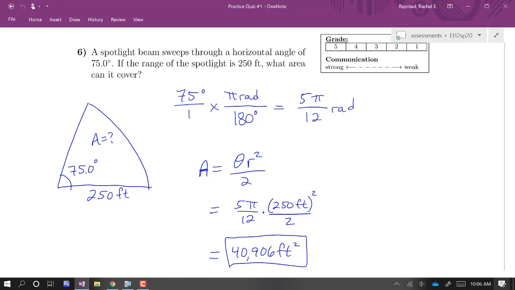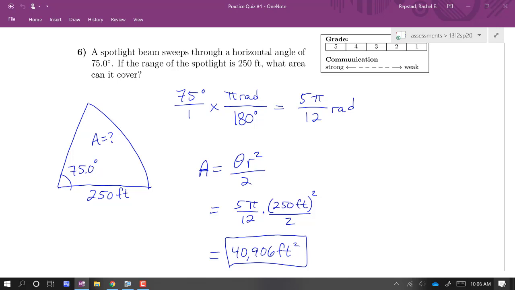In a problem like this, I had to remember that the formulas I have are only valid if theta is in radians. So we start by converting that angle to radians. Some people approximate it. I just wrote it in terms of pi because the numbers were convenient. Either way is fine. And then the formula here is theta r squared over 2. You don't have to memorize that, but you need to be able to find it on the sheet and say, oh, here's the one I need.